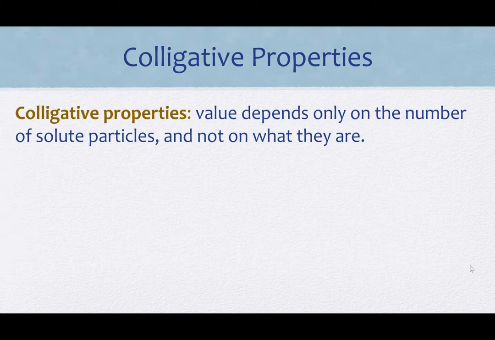And the change depends not on what we put in there. It doesn't matter what we put in there. The change depends on the number of solute particles. So that's really one of the big take-homes with colligative properties: number, not what it is. Okay.